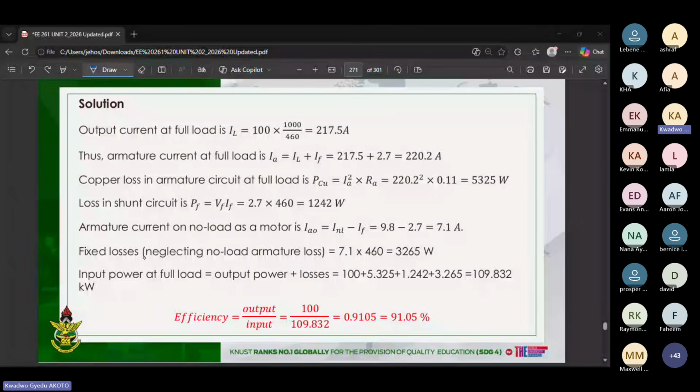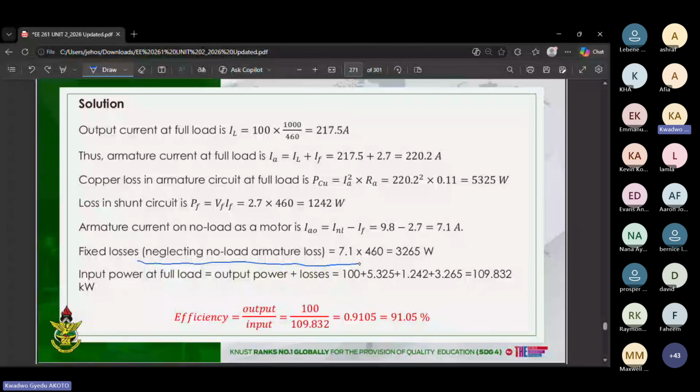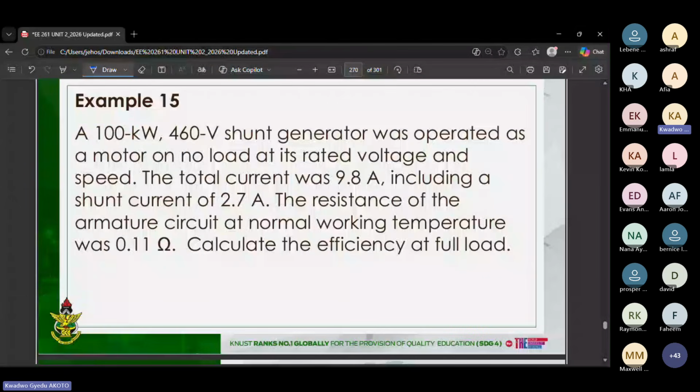A 100 kilowatt 460 volt shunt generator was operated as a motor on no load, at its rated voltage and speed. At its rated voltage and speed, the total current was 9.8. So we have here a 9.8 current on no load, including a shunt current.